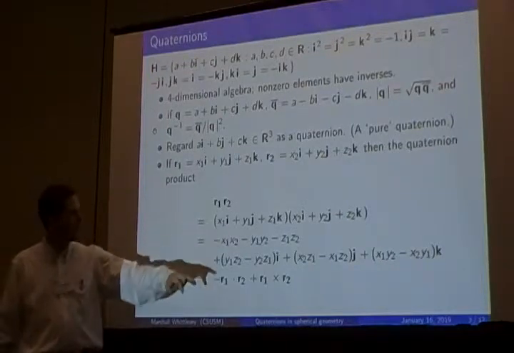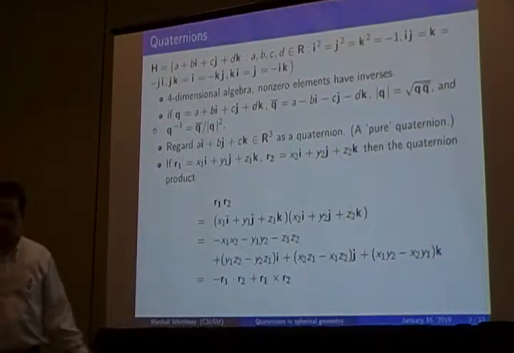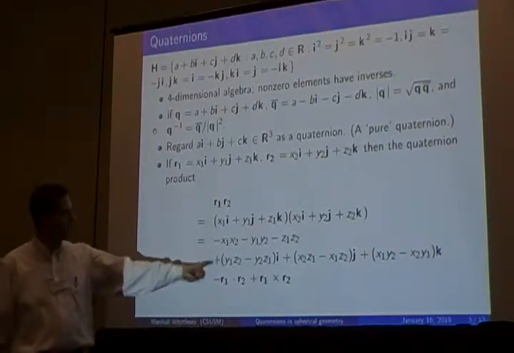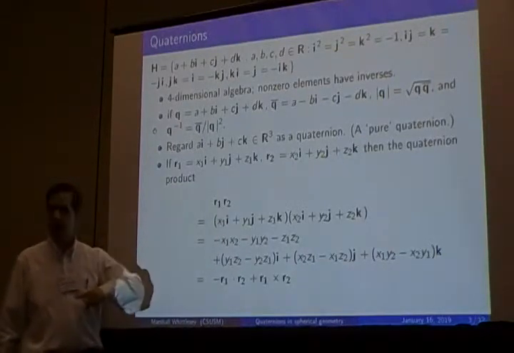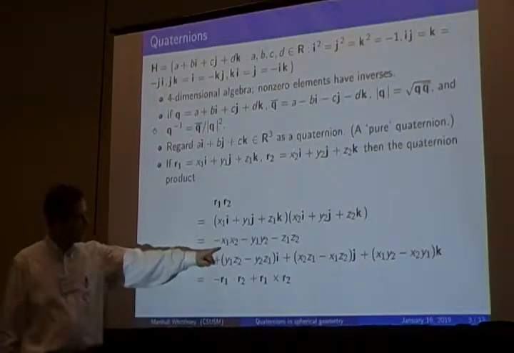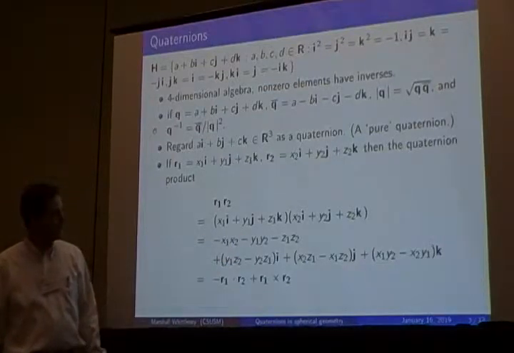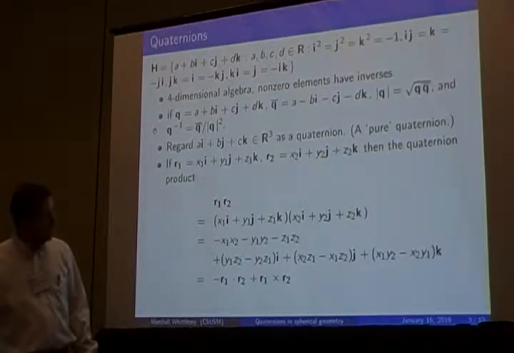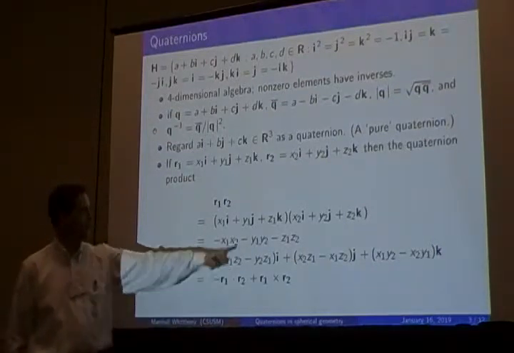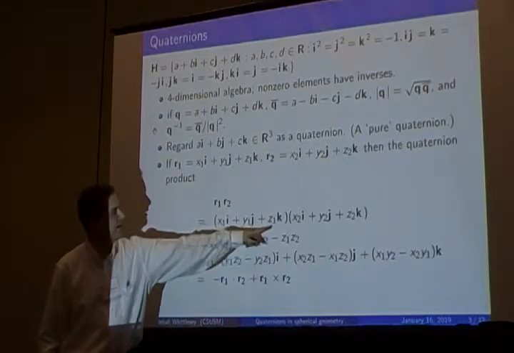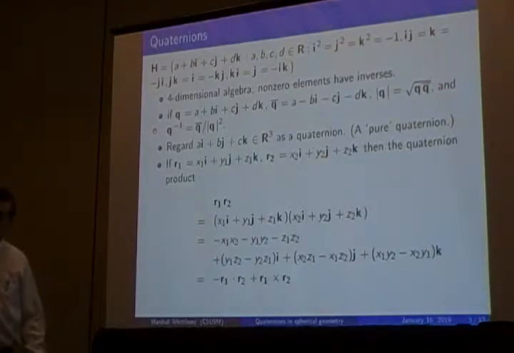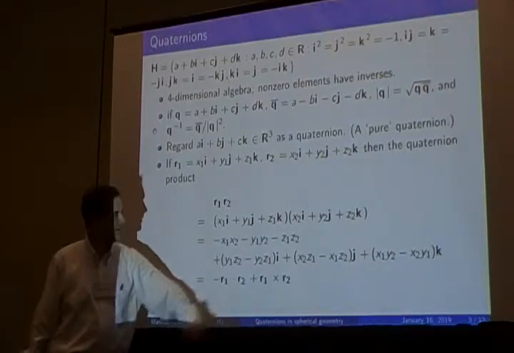If you multiply the sum of those 3 and the sum of those 3, you get 9 terms. Some of them are real. The terms involving i, j, and k are all real because they involve i squared, j squared, and k squared, and that becomes minus this, minus that, minus that. And the terms that are not real, for example the jk terms, when you take this j times that k, and that k times that j, the kj multiples involve i, and that produces this term.